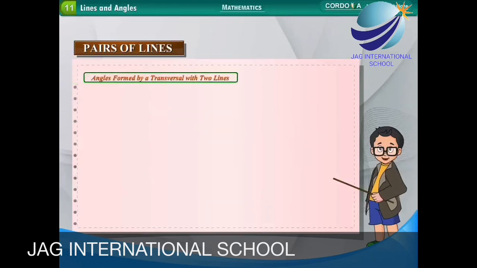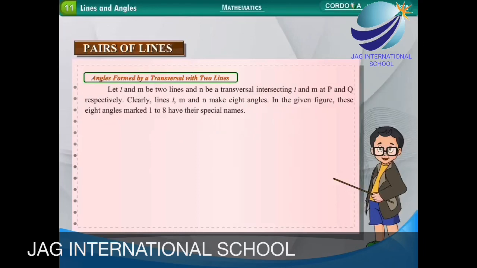Angles formed by a transversal with two lines. Let L and M be two lines and N be a transversal intersecting L and M at P and Q respectively. Clearly, lines L, M and N make 8 angles. In the given figure, these 8 angles marked 1 to 8 have their special names. Interior angles.